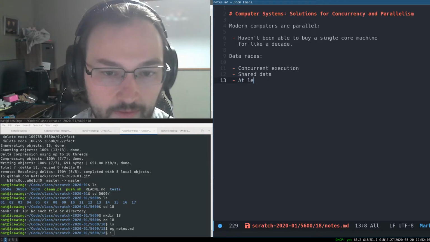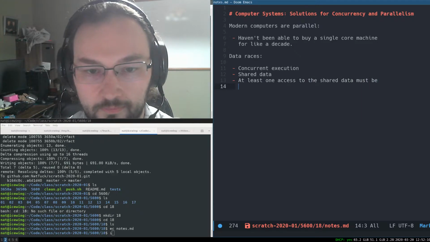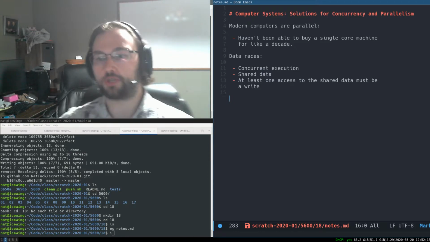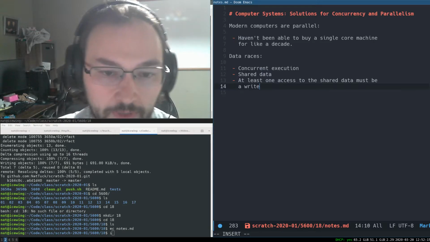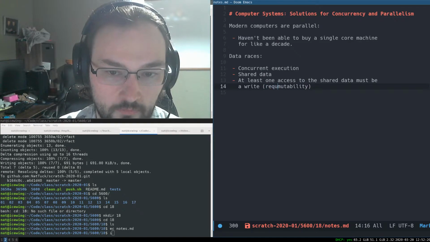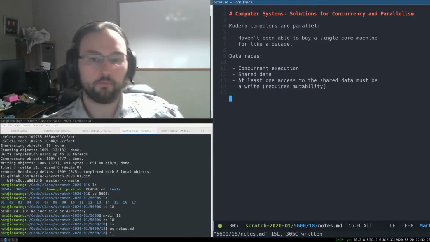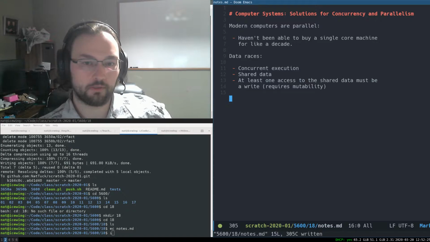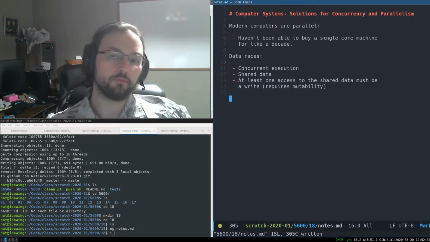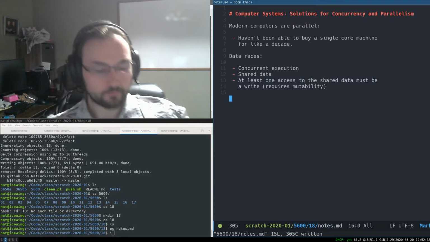And third, at least one of those accesses to the shared data has to be a write, and that implies that the shared data must be mutable. So frequently when you hear people talking about this problem, they'll talk about mutable shared state as being the problem, sort of implying that obviously we're going to have multiple threads in a modern computer program.